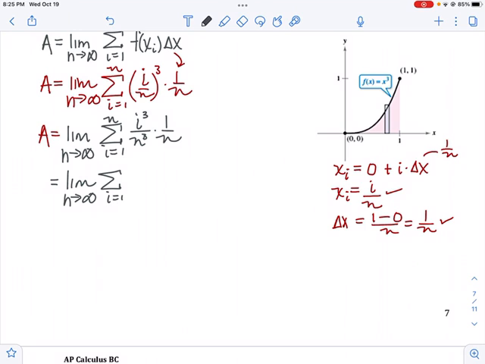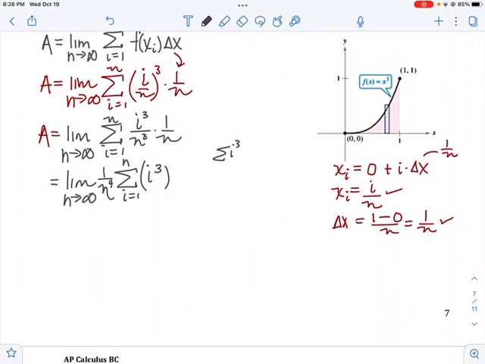I end up with an i cubed, and I'm going to pass the 1 over n to the 4th out in front of the summation. I have my choice here: I can put it in front of the limit, or I can put it in front of the summation.